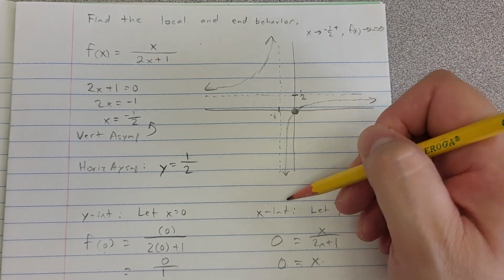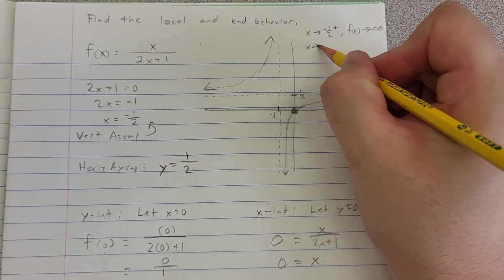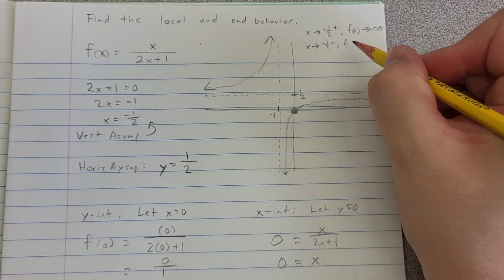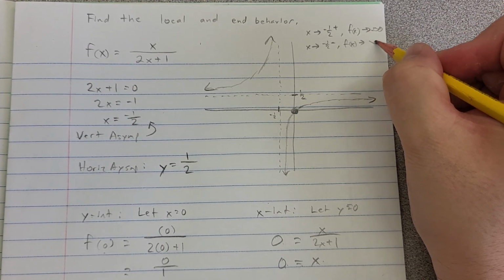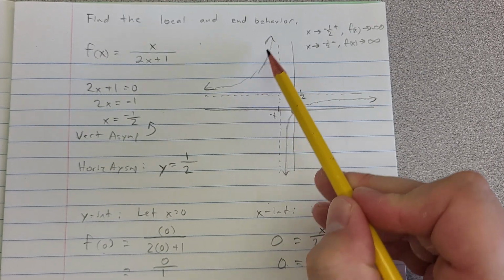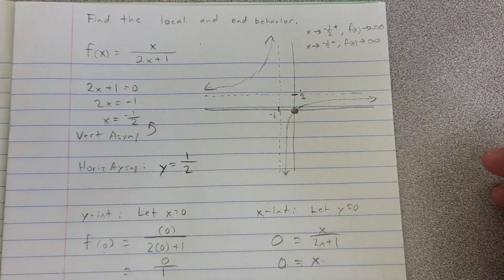You see that? It's going to negative infinity, the y part. On the other side of it, as x approaches negative 1/2 from the negative side, f of x is approaching positive infinity. Do you see how as we get closer to that negative 1/2, the y keeps going up and up and up? So that's the positive infinity part.